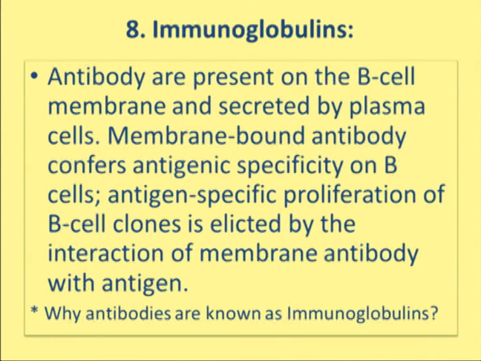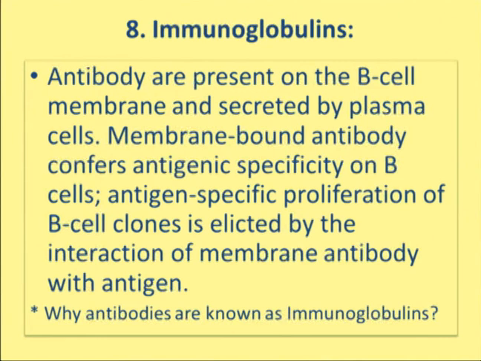Antibodies are also called immunoglobulins. They are present on the surface of B cell membranes, and they are secreted by plasma cells. These membrane-bound antibodies confer antigenic specificity to B cells, and antigen-specific proliferation of B cells is elicited by the interaction of membrane antibody with the antigen.